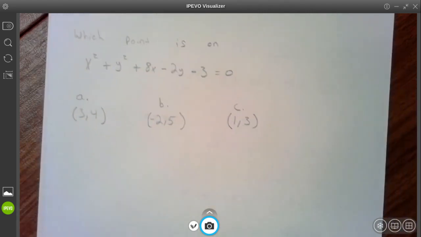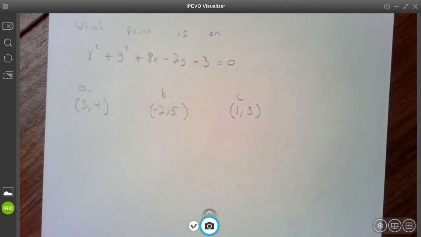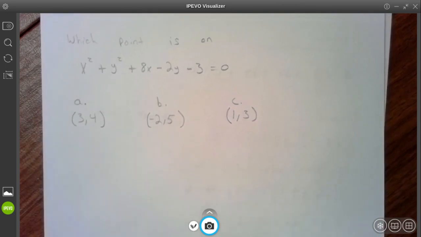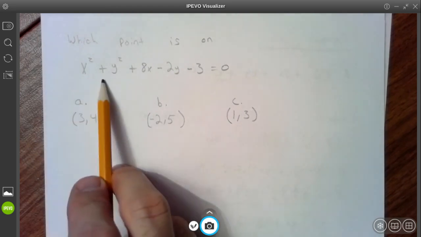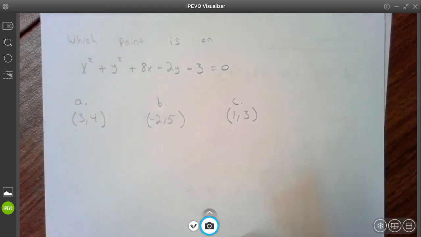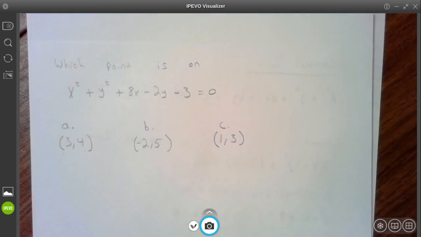Next thing is, we'll just tell whether or not a point is on this circle. In general form, it's the exact same thing as it was with standard form. We can just plug in the values. Okay. So take 3 for x and 4 for y and just substitute it into the equation and see if you get 0.